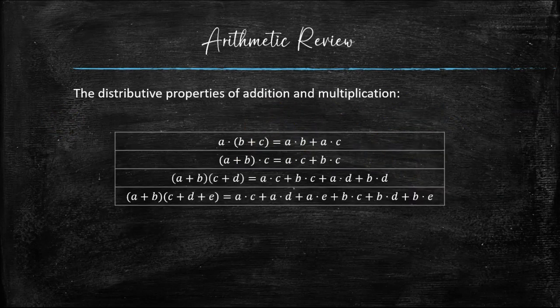Next table shows you the rules for combining addition and multiplication, and it's called the distributive property. So we distribute multiplication over addition, and we can distribute from the left, from the right, we can distribute over multiple summands.